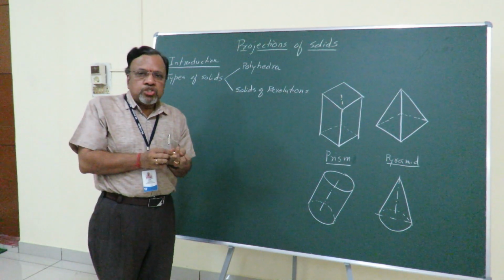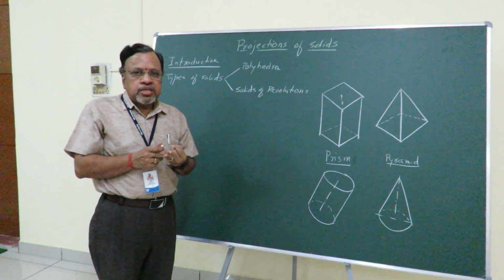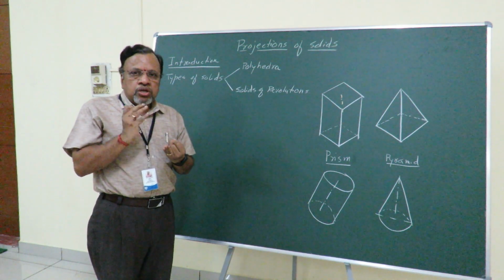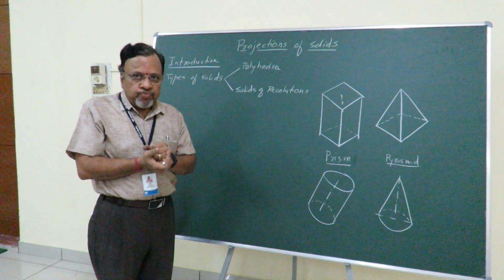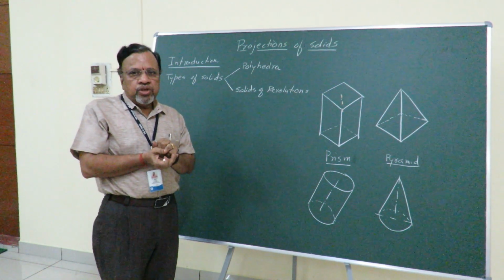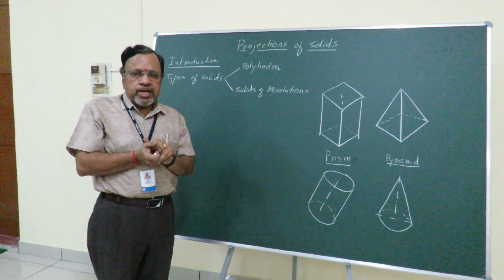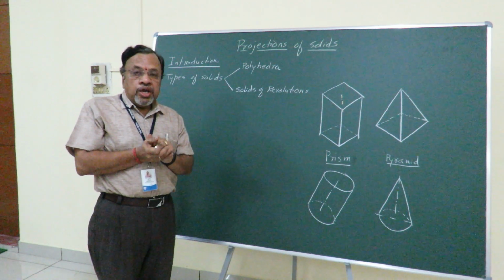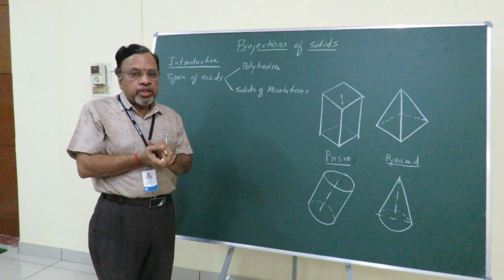Then we have what is known as the hexahedron. As the name indicates, it has 6 square faces which are bounded by one another. A hexahedron can also be considered as a cube. Then we have what is known as the dodecahedron. A dodecahedron has 12 equilateral triangular faces. They are all bounded by one another.